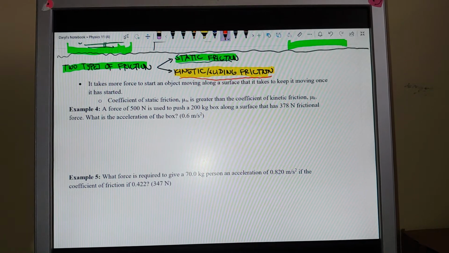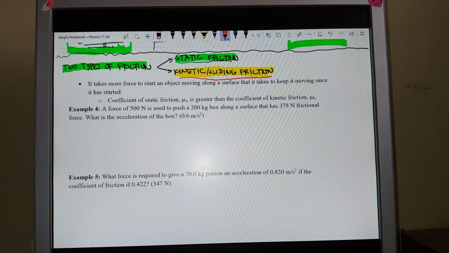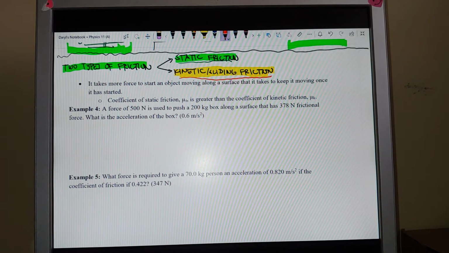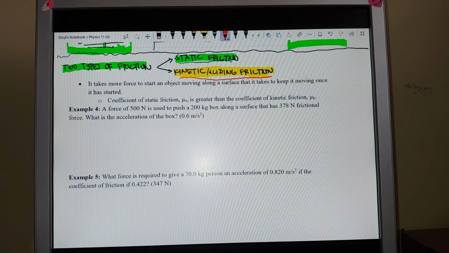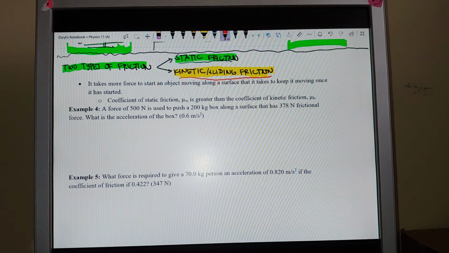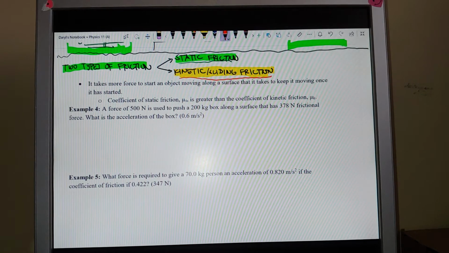If you try this out, it takes more force to start an object moving along a surface than it takes to keep it moving once it has started. That's the reason why the coefficient of static friction is always greater than the coefficient of kinetic friction.